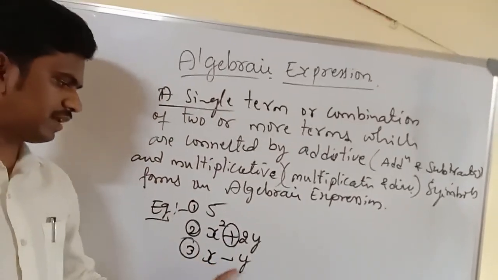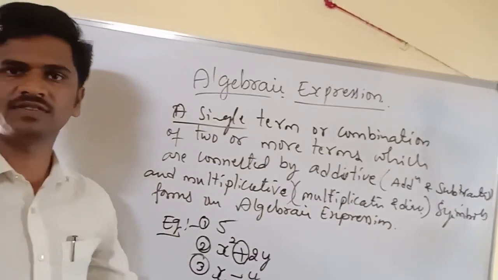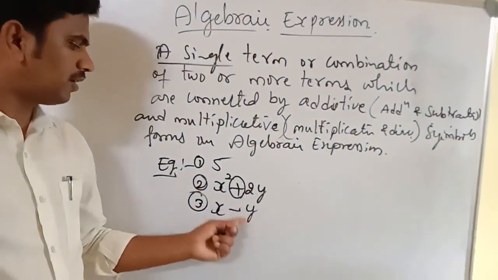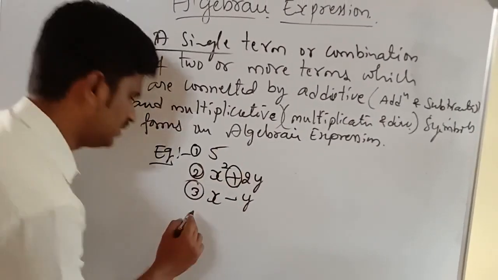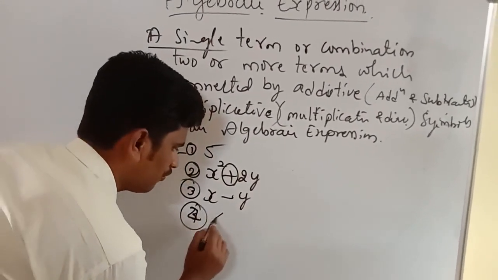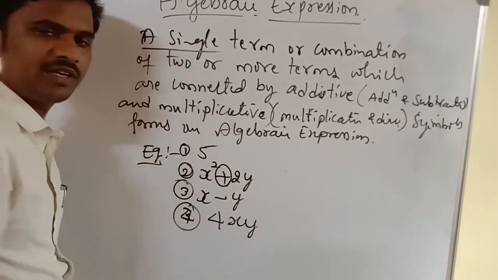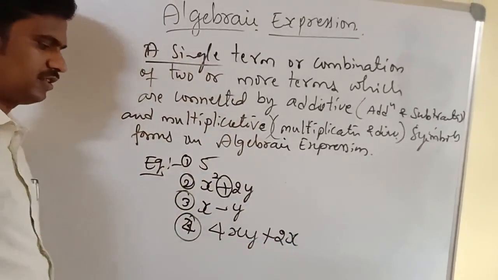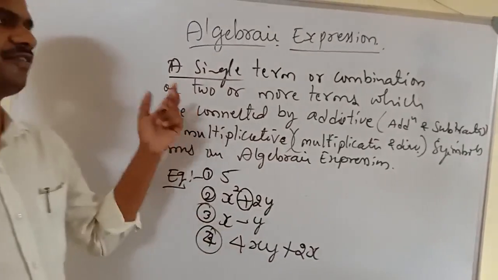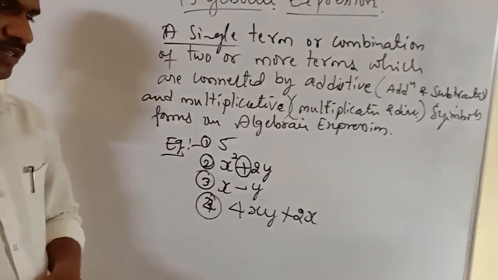Here x is one term, y is another term which are combined by which operation? Subtraction. Okay. Then 4xy, this is one term, plus 2x, this is also another term. These are all the examples of an algebraic expression. Okay.